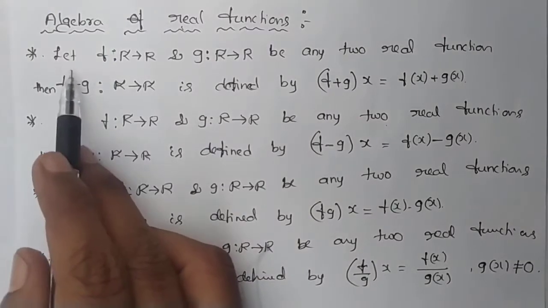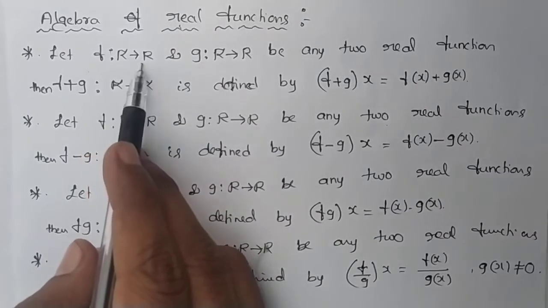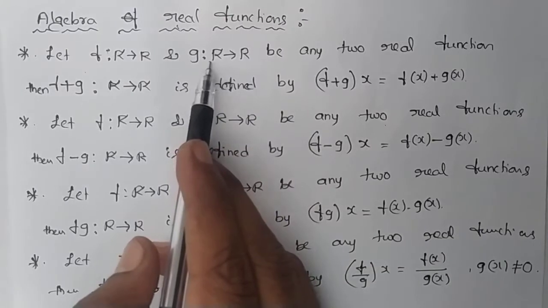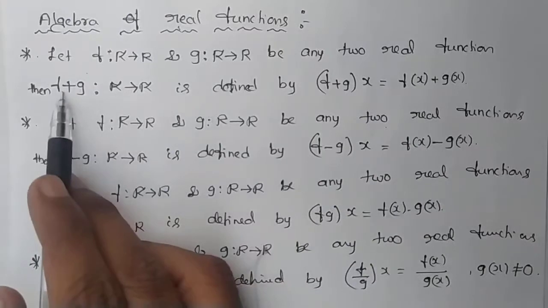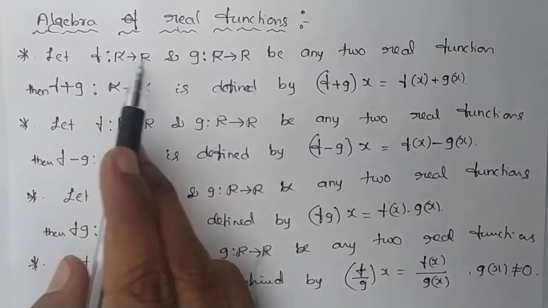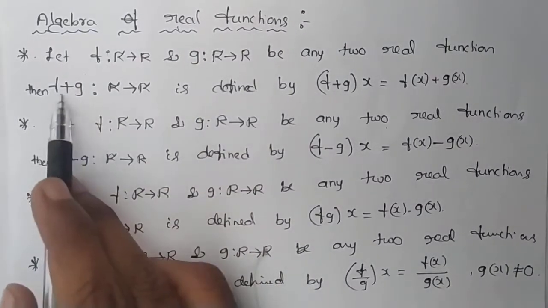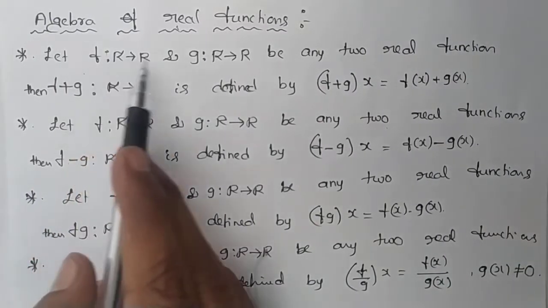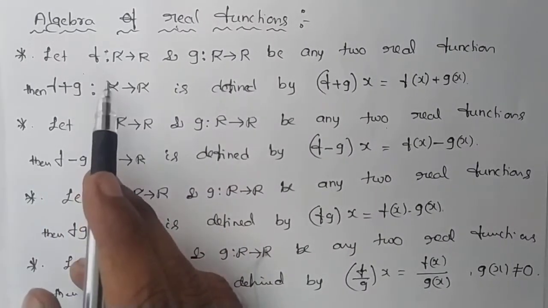The very first one: let f from R to R, real numbers to real numbers, and one more function, g from R to R, be any two real functions, then f plus g is also a real function.